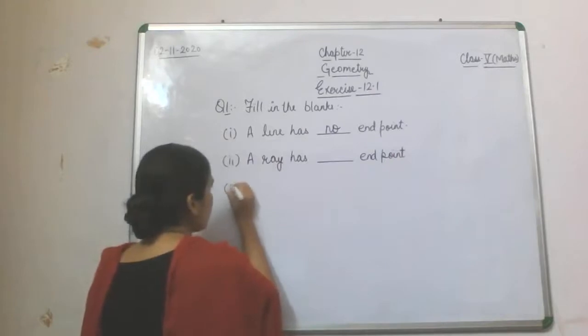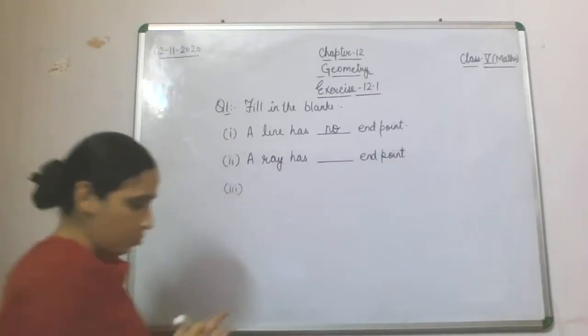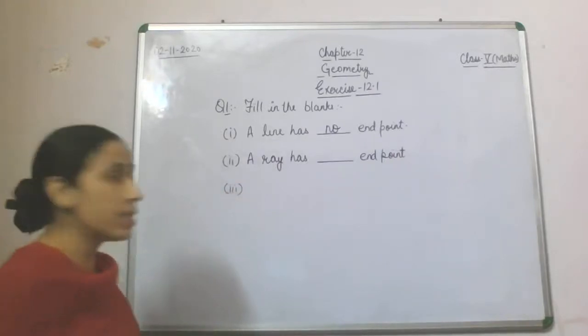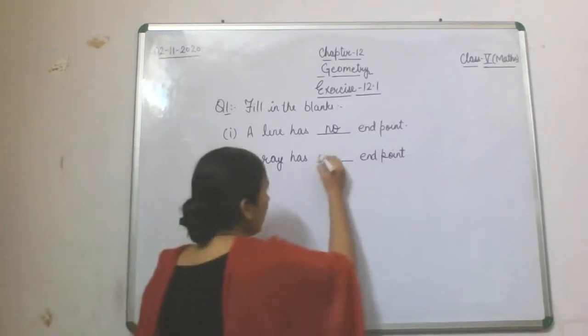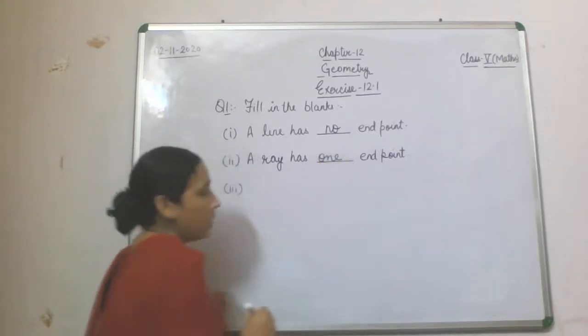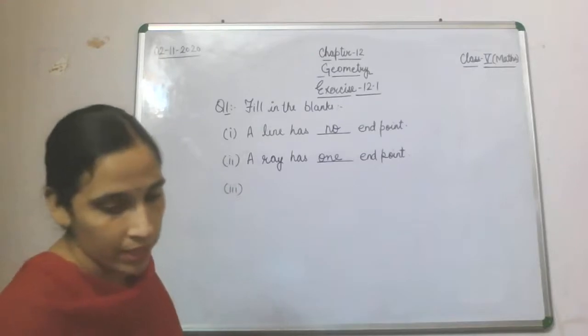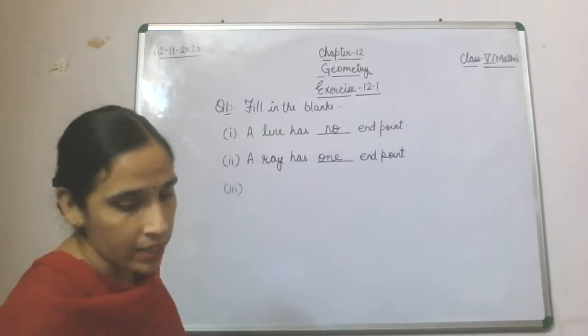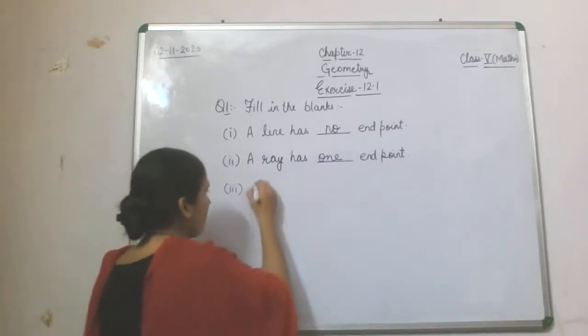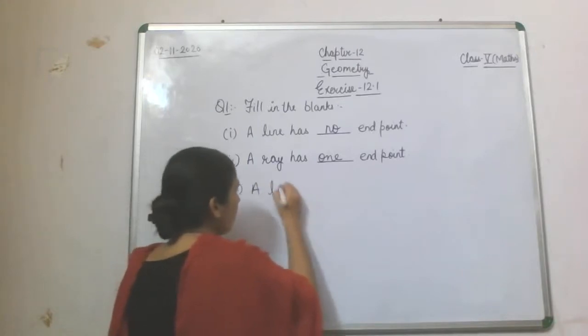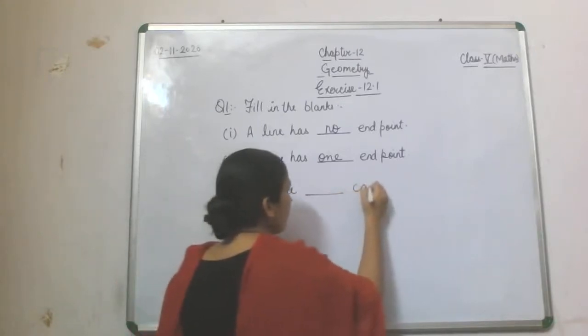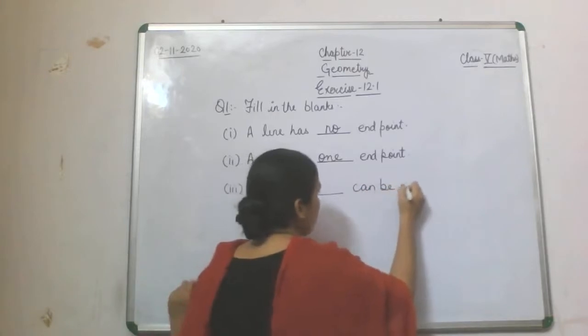A ray has a dash endpoint. So how many endpoints does a ray have? It has one endpoint. Next, a dash can be measured.